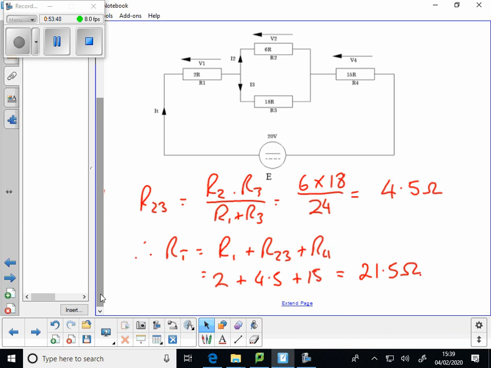So, yeah, go on. Yep. Neither. Where did 10 volts come from? No. To calculate what?